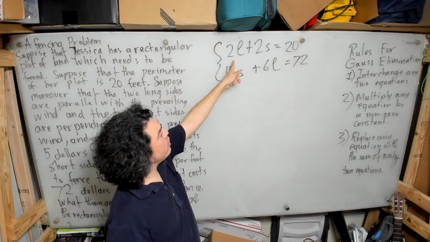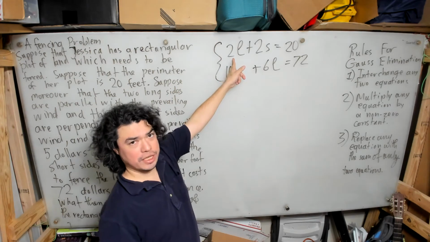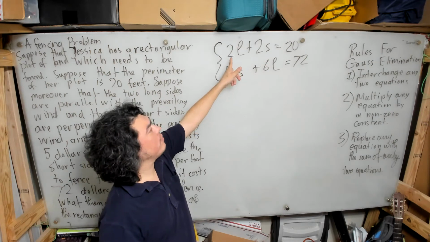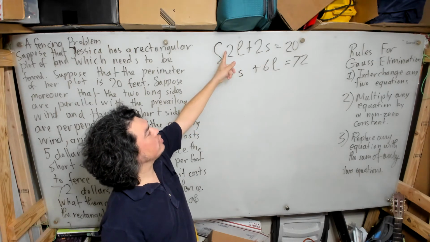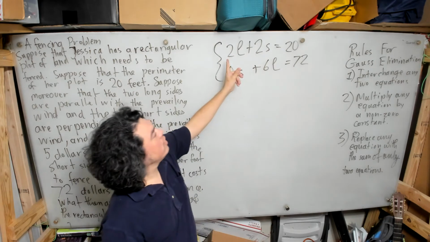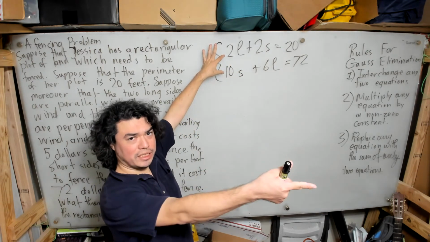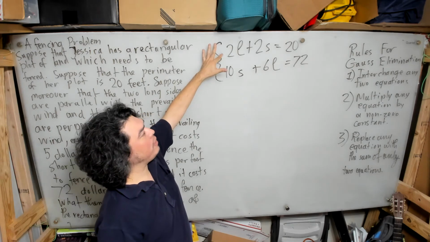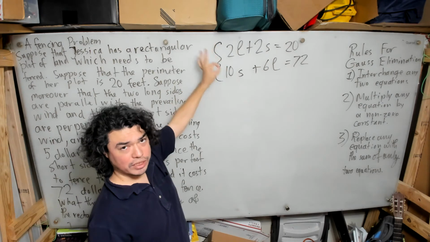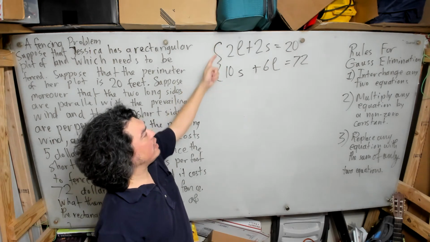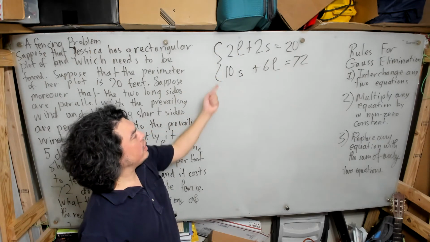Then this first coefficient, this 2 in front of the L, would become a -10, and then in a subsequent step I could replace the first equation or the second equation with the sum, and because that one's -10 and this one's +10, I could eliminate the variable.